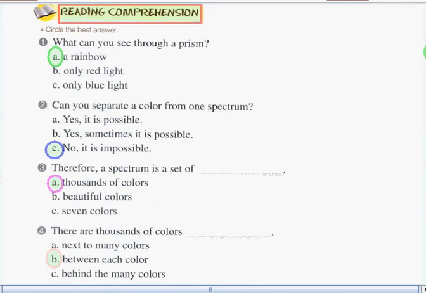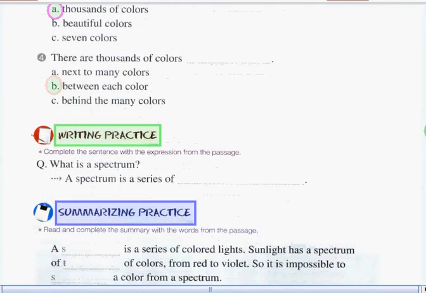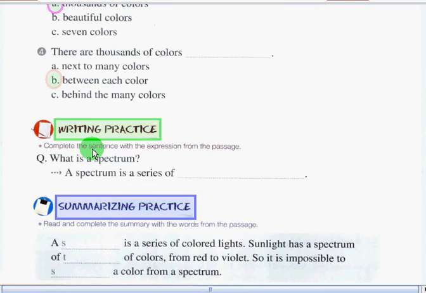We can proceed now to the second one, which is writing practice. So, we are going to complete the sentence with the expression from the passage. So this is the question. What is a spectrum?